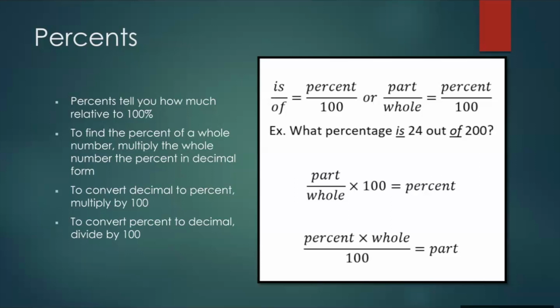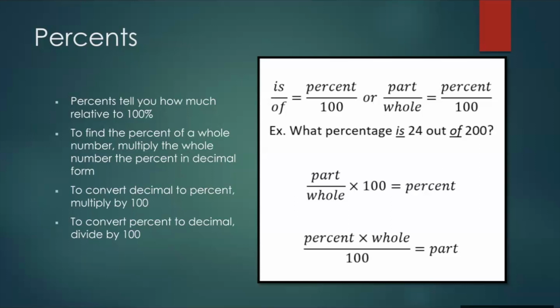Then we can multiply that by 100 to get 12%. We still have to multiply by 100 because that's how you convert a decimal to a percent.